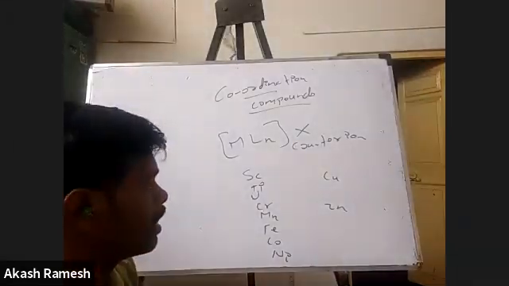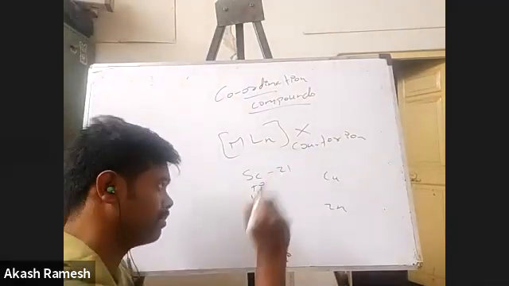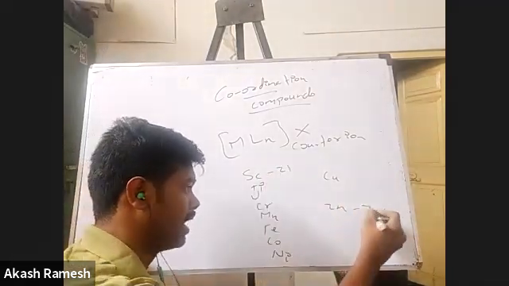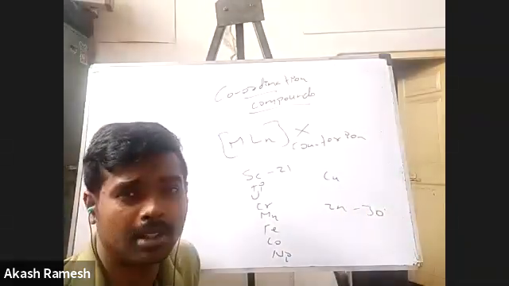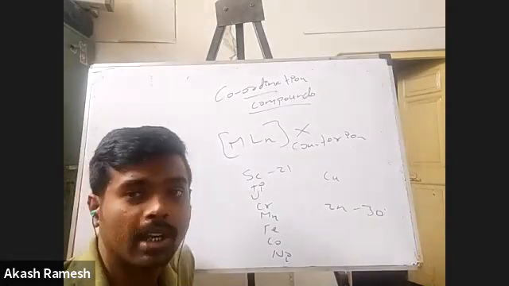Along with the atomic numbers, obviously scandium starts with 21 and zinc ends with 30. If you remember this, you can easily tell what the configuration will be.